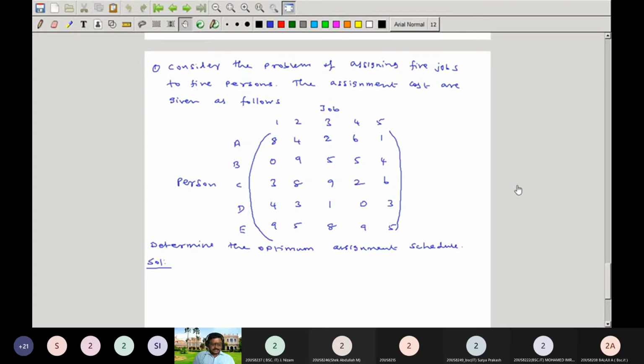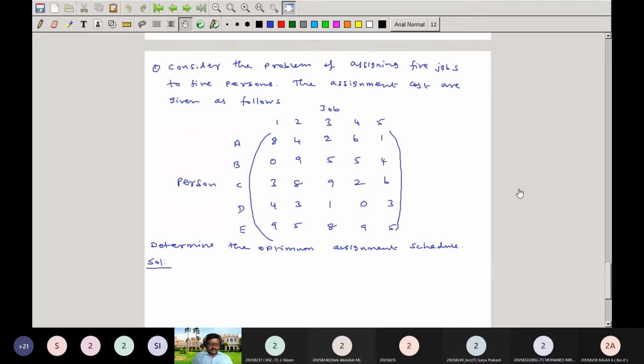Draw lines through all unmarked rows and marked columns. If the number of these lines is equal to the order of the matrix, then it is an optimal solution. Otherwise, not. Step 6: determine the smallest cost element not covered by the straight lines.